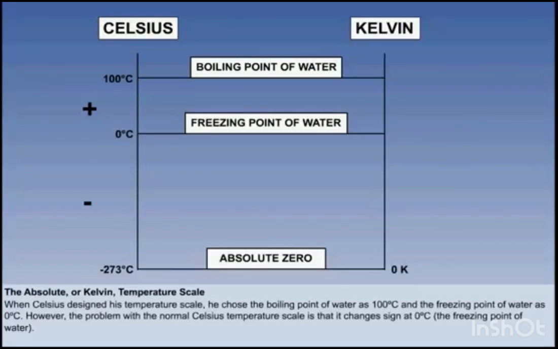So, minus 273 degrees Celsius is 0 degrees A or 0 K on the Kelvin scale. 1 Kelvin or 1 degree absolute is the same amount of temperature change as 1 degree Celsius. Therefore, the freezing point of water occurs at 273 K, the boiling point of water at 373 K, and so on.